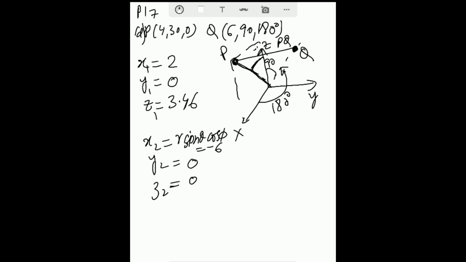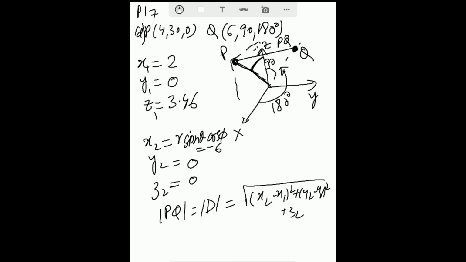So if I find the distance between them, which I can call d, that is equal to the square root of (x2 minus x1) squared plus (y2 minus y1) squared plus (z2 minus z1) squared.